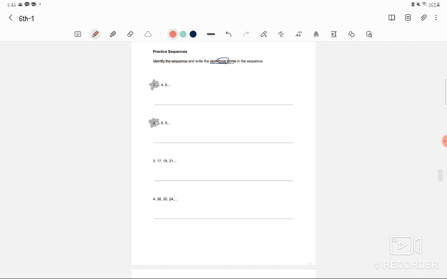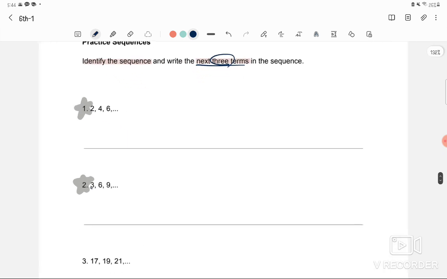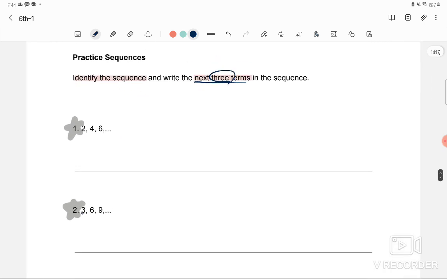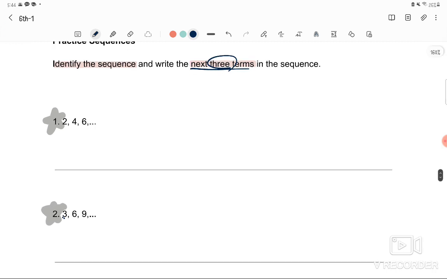Okay, so let's do sequences. For finding sequences, it is easier to notice the pattern when you recognize the difference between the number in front and the number next to it. So 4 minus 2 is 2. 6 minus 4 is also 2. So I can assume that it's plus 2 and plus 2, right? 2 plus 2 is 4, and 4 plus 2 is 6.